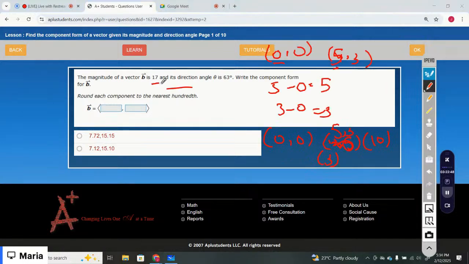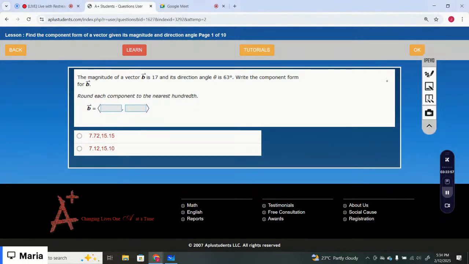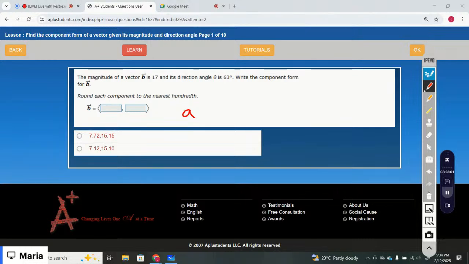A is 17 and the angle is 63 degrees, so 17 cos 63 and 17 sin 63. Let me use the calculator and see which is the correct option.